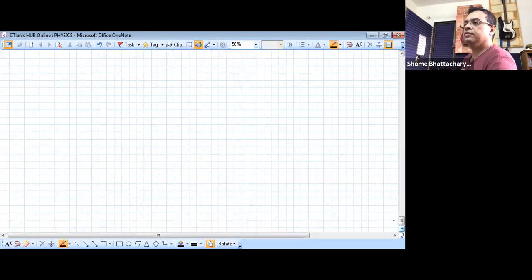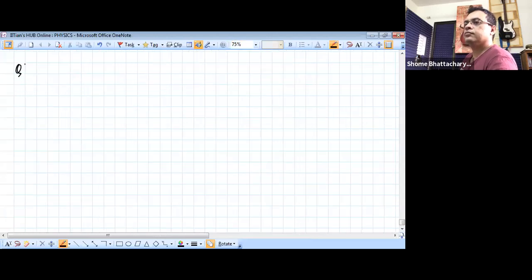Now moving on to the 11th question, it's just application of differentiation. So in question 11, what is it? I think momentum is given, right? Velocity of the body is given along a straight line.